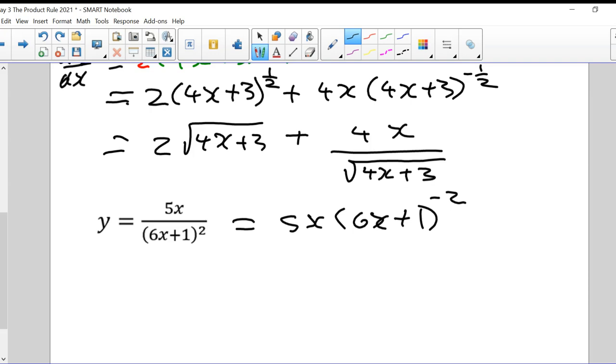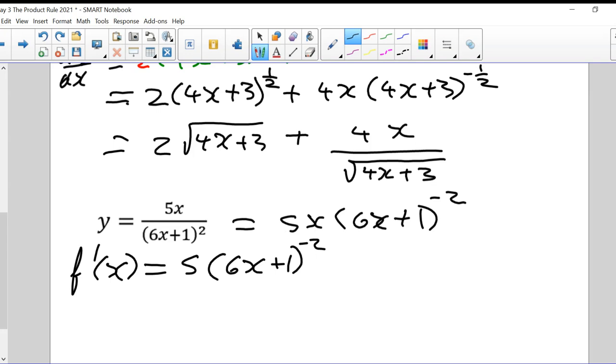All right, so let's keep going here. We're going to use the product law because we're taking the product of both of these. So my f prime of x would be equal to 5, because I'm deriving the first part, 6x plus 1 to the -2. I'm not deriving that second part, plus the 5x times -2 times 6x plus 1 to the power of -3.